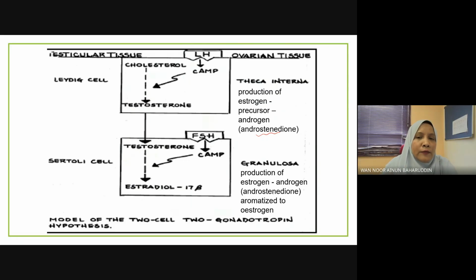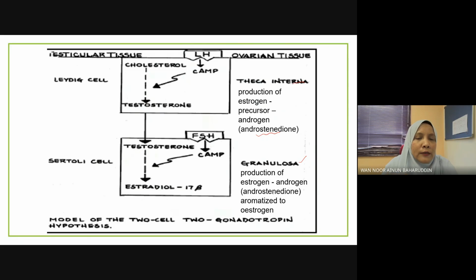This one is for theca inside the male, and granulosa also for the production of estrogen and androgen aromatized to the estrogen. This one is the model of two cells, two gonadotrophin hypothesis.